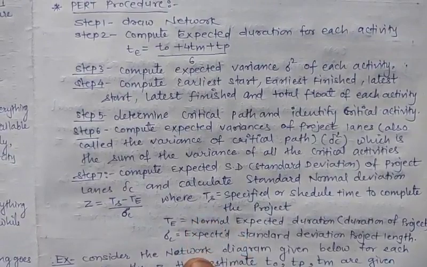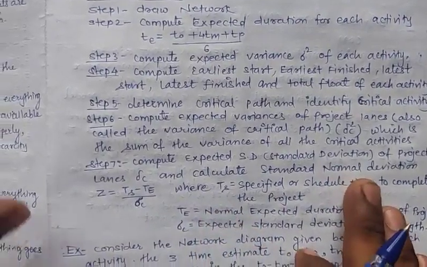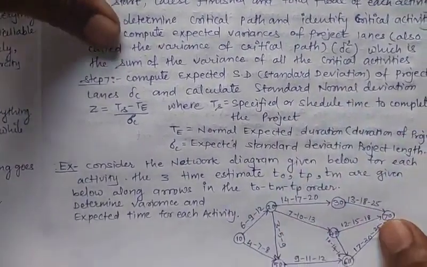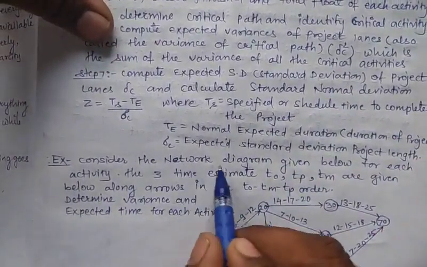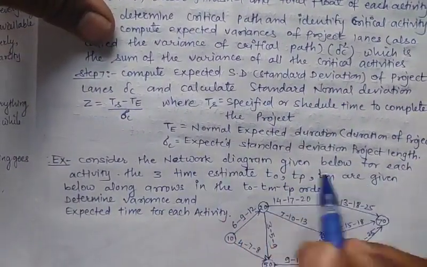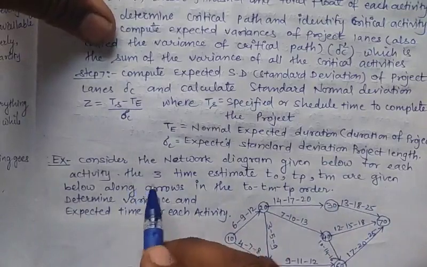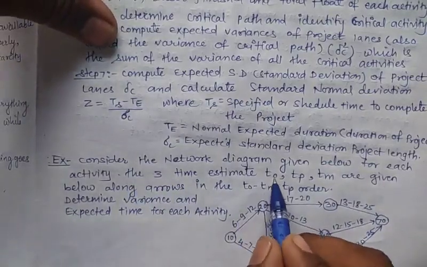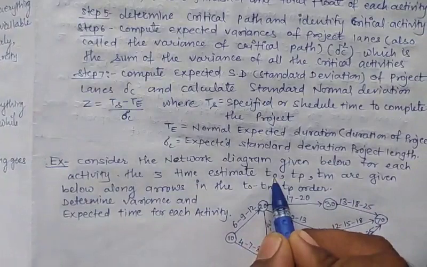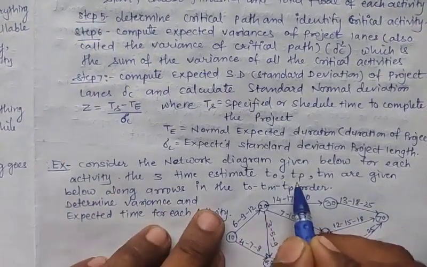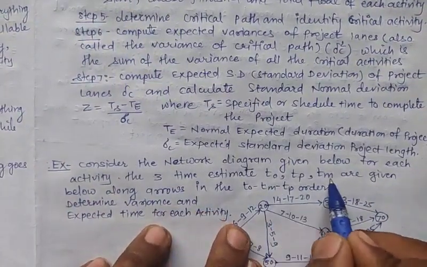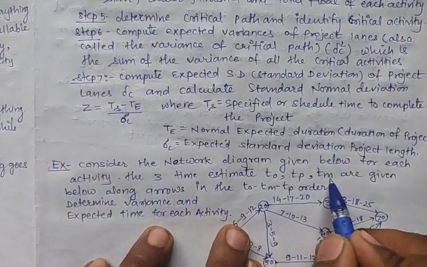Now we will see an example for the PERT procedure. Consider the network diagram given below. For each activity there are 3 time estimates: T naught is the optimistic time estimate, Tp is the pessimistic time estimate, and Tm is the most likely estimate.